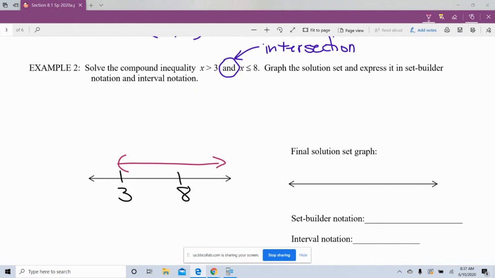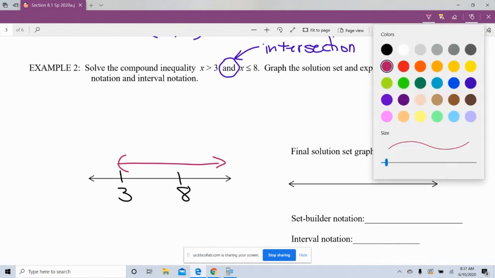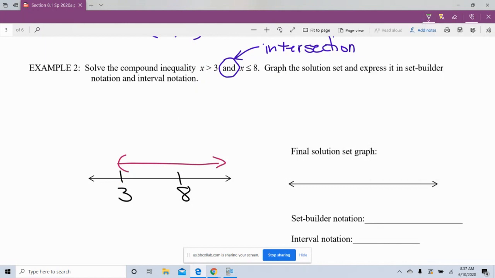Now I'm going to take a different color, this bright green, and look at the numbers that satisfy the second inequality. The second inequality says that x could be any real number that is less than or equal to 8.